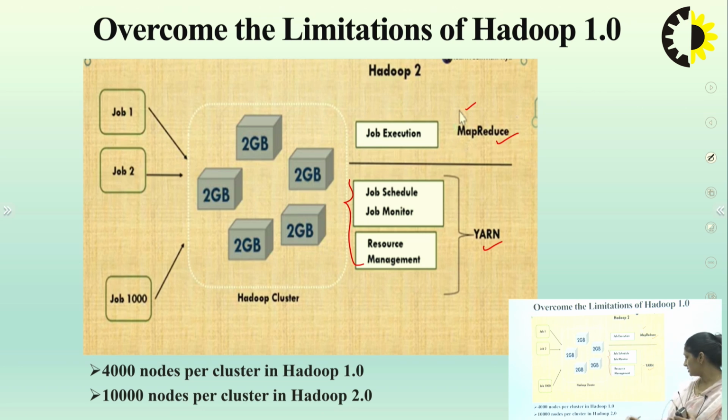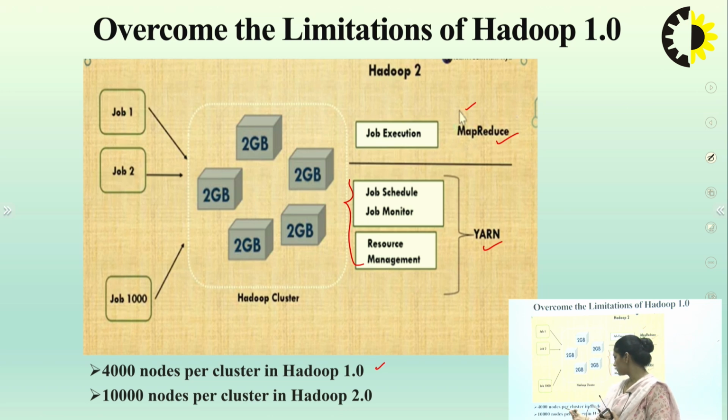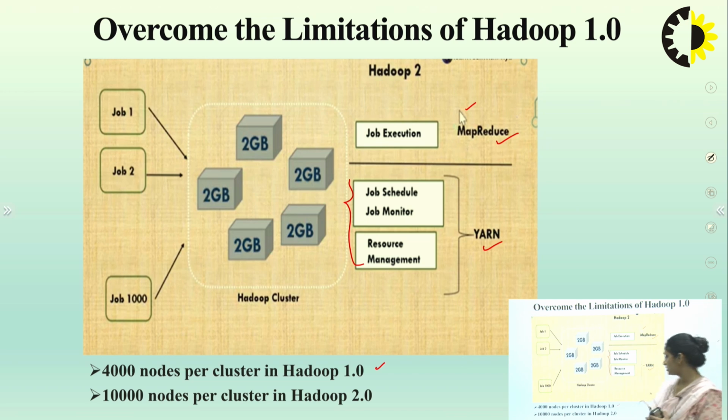Also you can see 4000 nodes plus per cluster in Hadoop 1.0, while the size increased in Hadoop 2.0 to 10,000 nodes per cluster. It means this cluster can handle more data as compared to Hadoop 1.0. So the scalability problem is resolved, and performance will be increased after introducing YARN, because the same work was split into two parts.